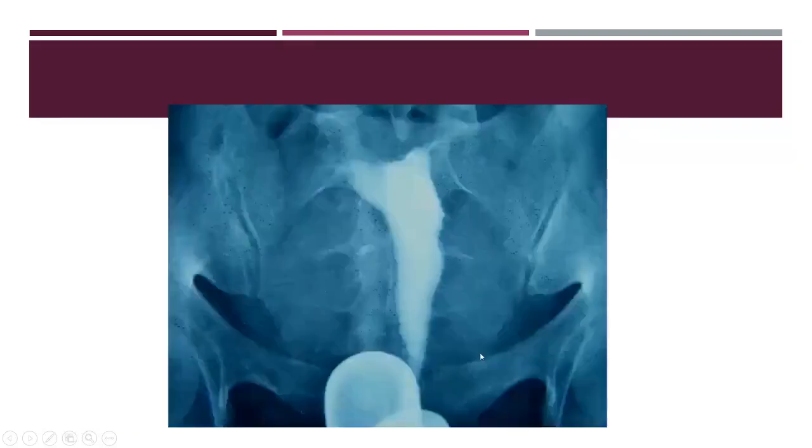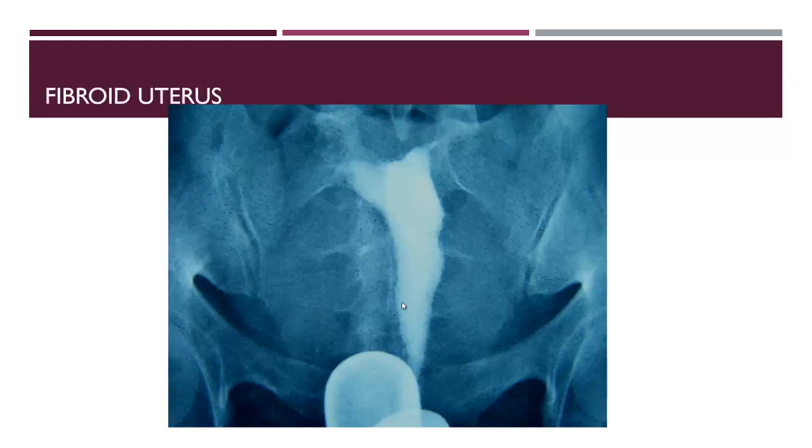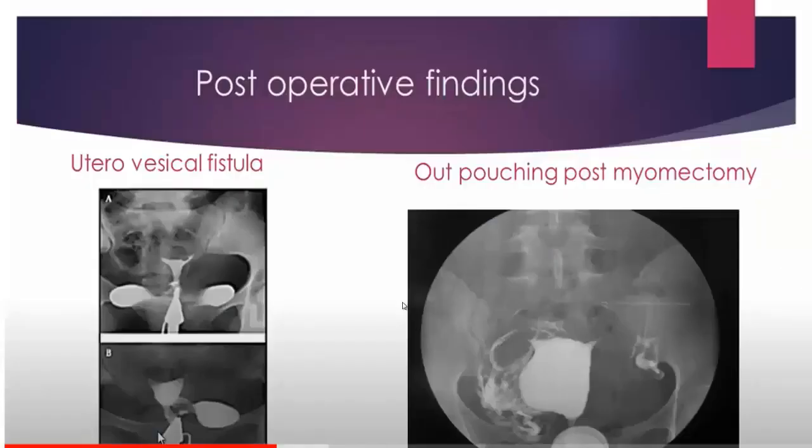So this is a fibroid. Again, this is a large fibroid uterus, with a large cavity and extrinsic indentations. Usually think of fibroid, and it is common with infertility.